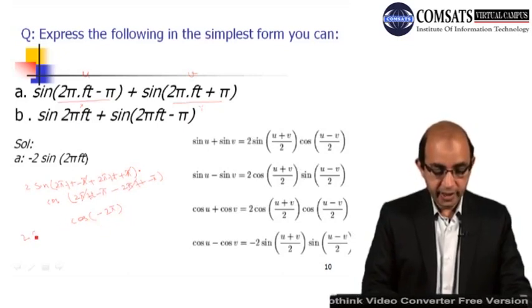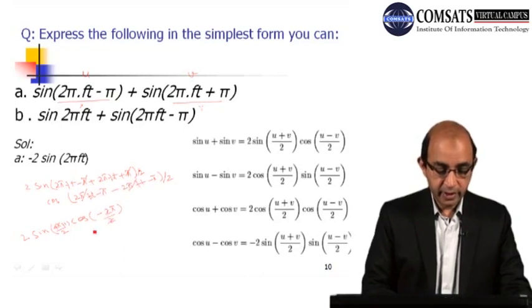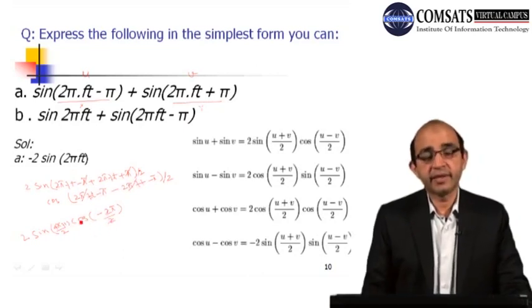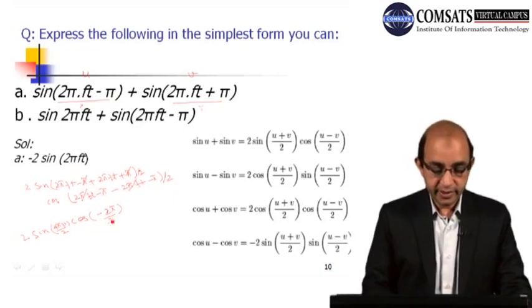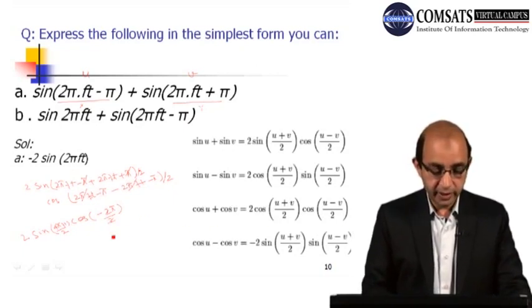And for sine we are having, so we forgot to mention 2 divided by 2. So sine 4 pi ft divided by 2, and here divided by 2, right? As we know, in case of cos, the sign inside the argument or inside the angle is absorbed.